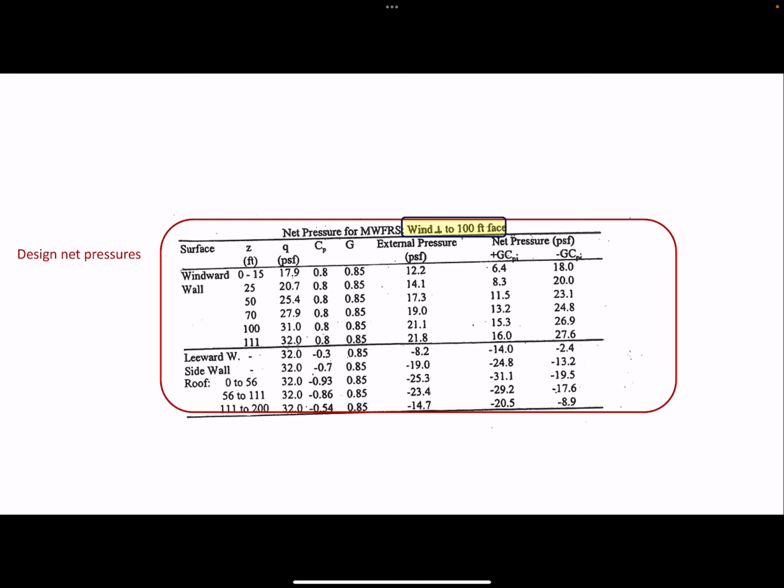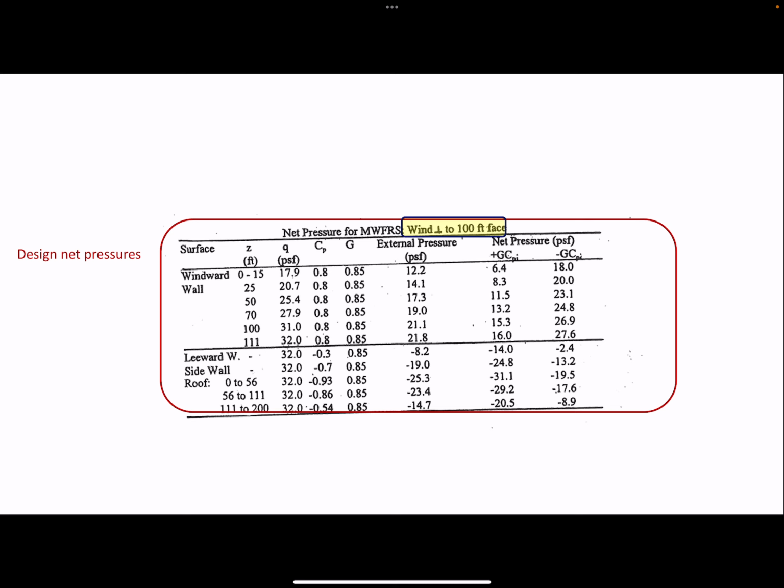Because we take the external pressure and subtract the internal pressure, the sign would be with respect to the external direction or the external reference point. So this would be positive on the external surface of the windward wall, negative on the external surface of the leeward wall, sidewalls, and roof.